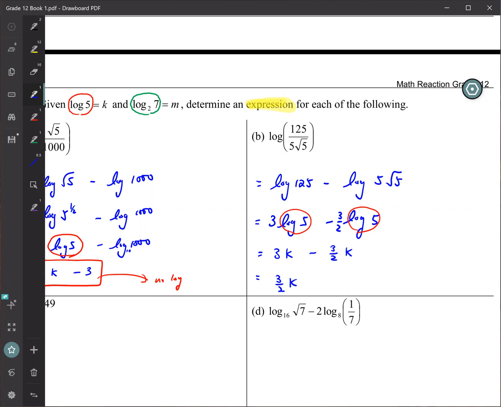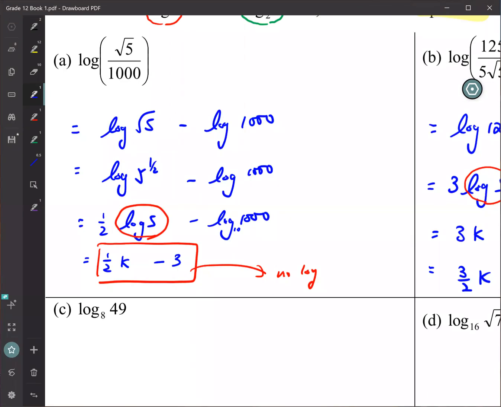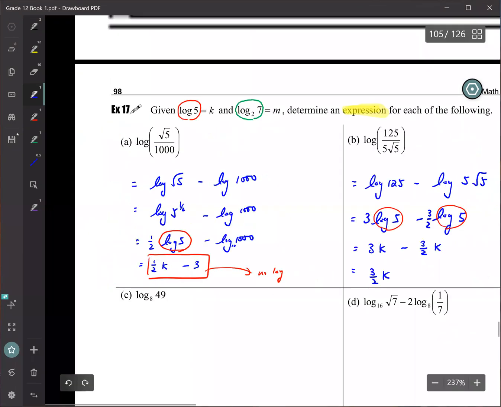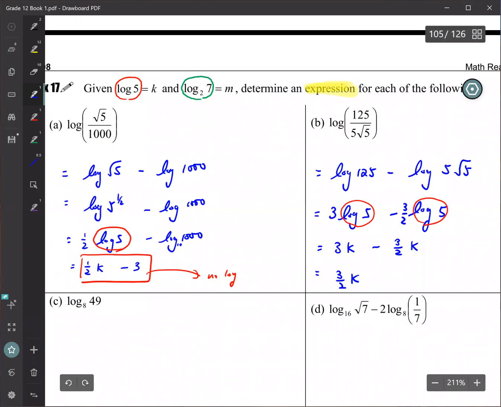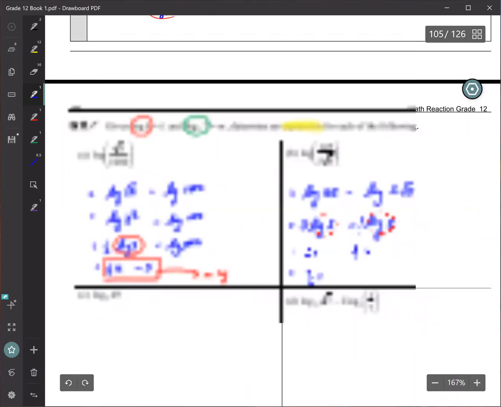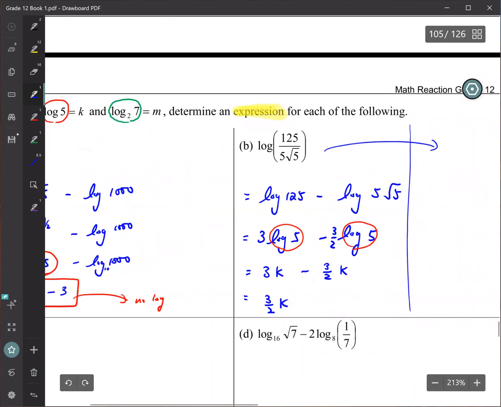So this one doesn't have any number at the back, because it doesn't have something like log 1000, right? So it's just something k. Okay, any questions? Anyone got different answers? For this one, there's a different approach, okay? What you could also do is try to simplify the inside first.